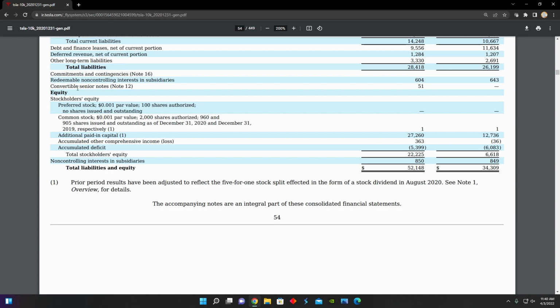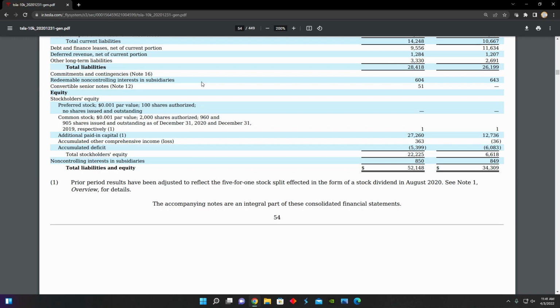financial statements. And the next line item we see right here is redeemable non-controlling interests in subsidiaries. And this is basically just when an outside party, in this case a non-controlling interest, has a minority interest or an ownership position of less than 50% of outstanding shares, and they also have no control over the decisions that the company makes, so they have no voting rights.